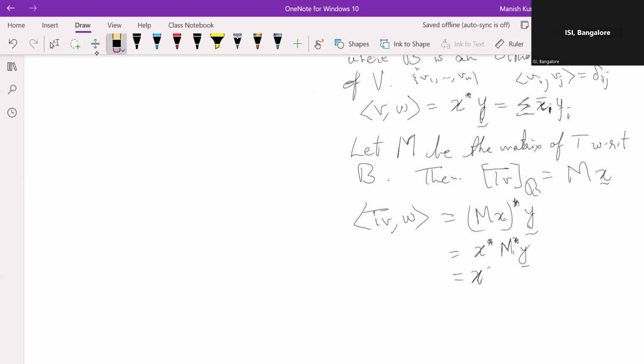So maybe instead of writing equality, let's write the statement first. Note. By definition of T star, we know that M star Y is the coordinate of T star W with respect to B. Because the matrix of T star with respect to B is M star.